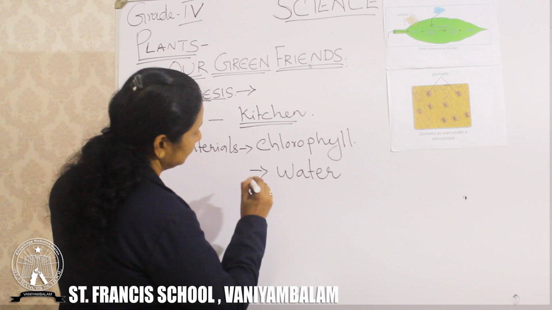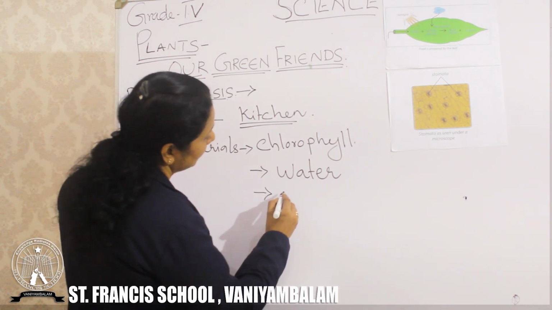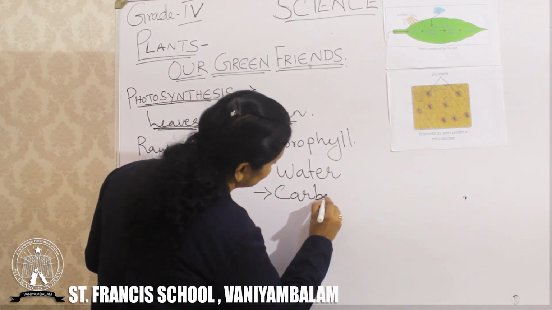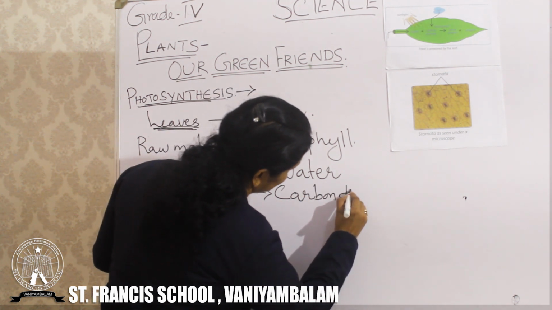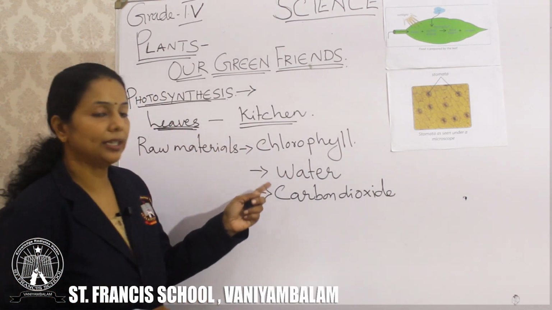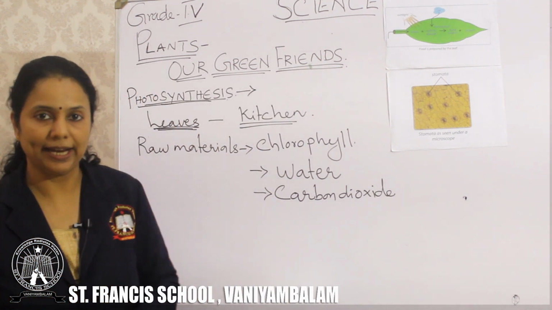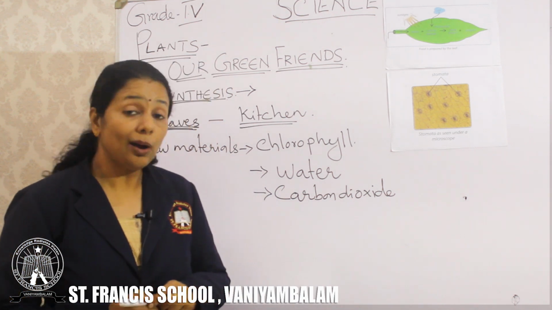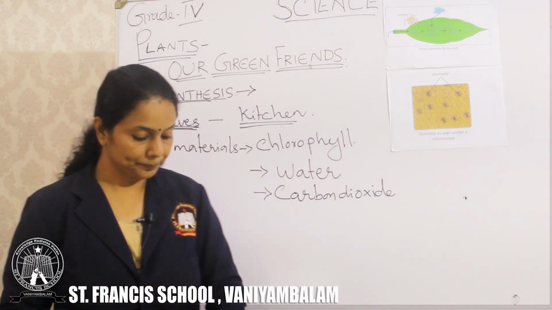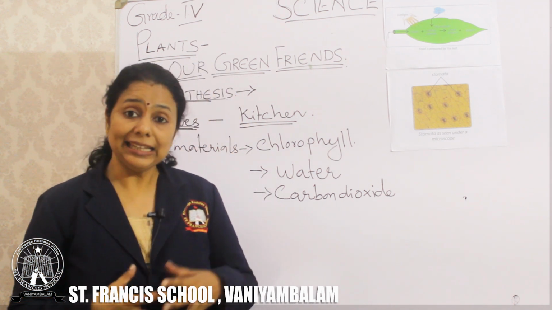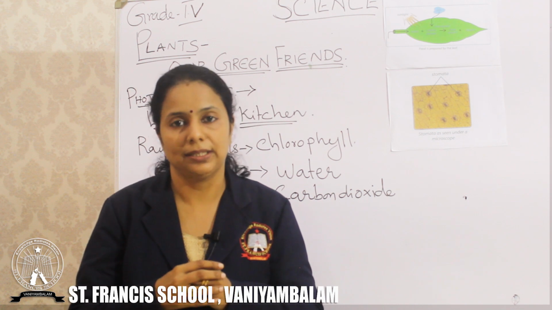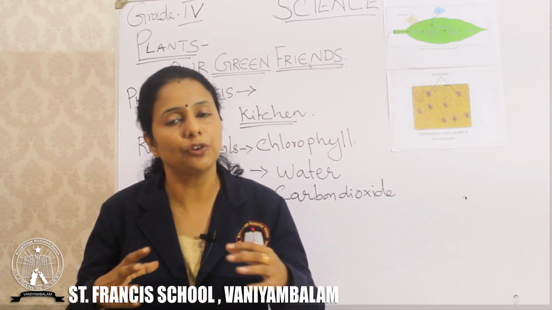Now next is carbon dioxide. Plants need carbon dioxide to prepare their food. So next ingredient is carbon dioxide. Let us see how carbon dioxide reaches into the leaves. In the leaves there are tiny pores on the surface of the leaves.